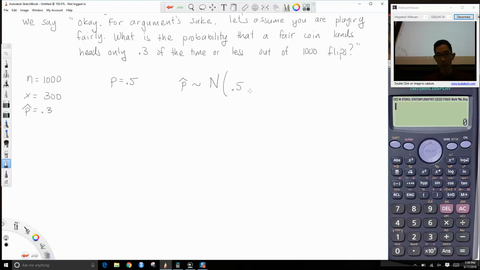And what's the standard deviation of this normal distribution? Square root of p times 1 minus p divided by n, right? So we're saying this is the mean and this is the standard deviation, okay? Yeah, this is p.